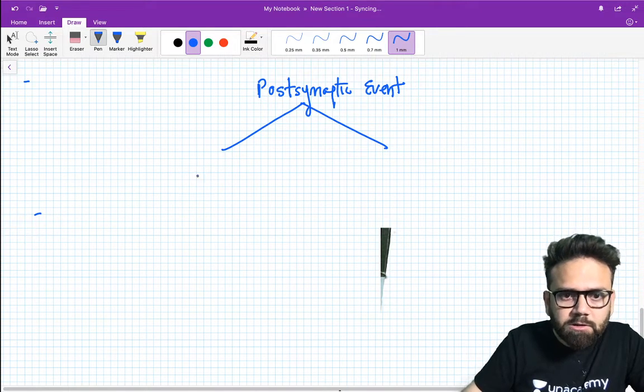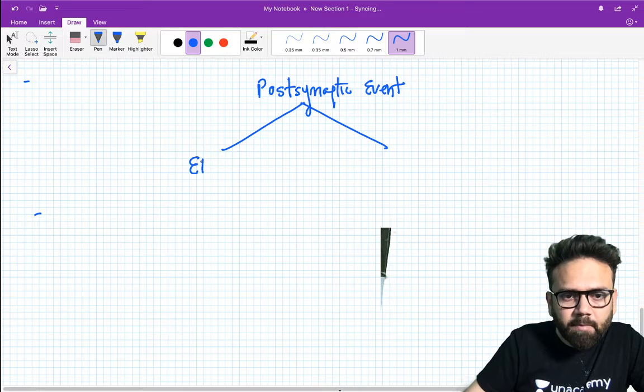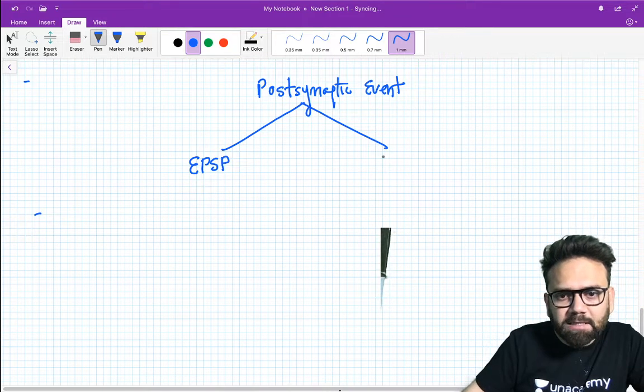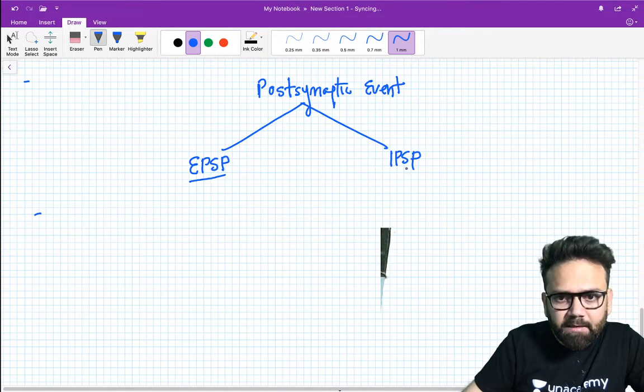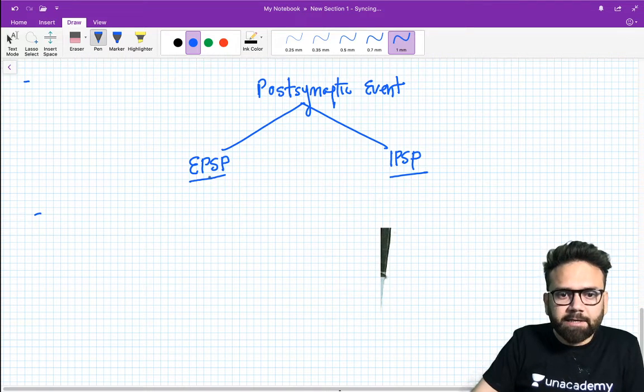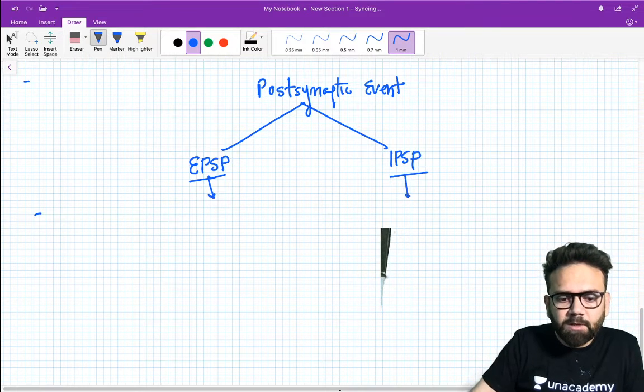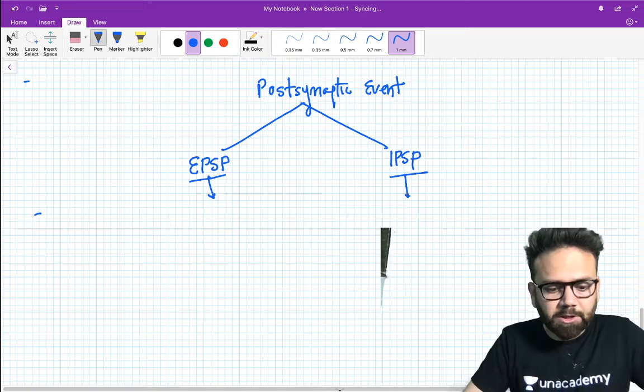It can cause EPSP or IPSP. What is exactly this? Is it action potential or local potential? EPSP is excitatory, this is inhibitory. So are these local potential or action potential?